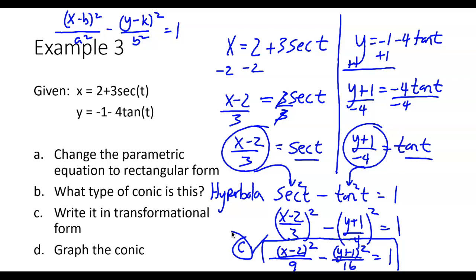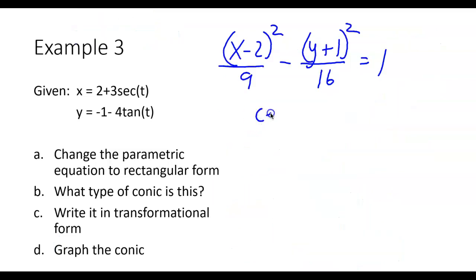All right, now we're going to graph it. For this one, you might want to revisit your 14.3 notes, though, to figure out how to graph it. So how do we graph a hyperbola? The first thing we want to do is find our center, which is (2, -1).